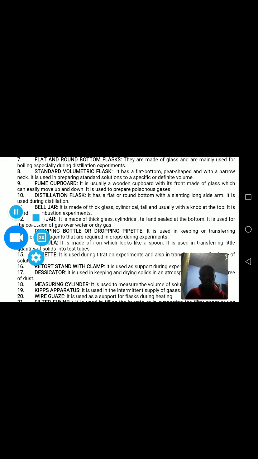A distillation flask has a flat or round bottom with a slanting long side arm. It is used during distillation. As the name implies, a distillation flask is used during distillation. Okay, let's carry on.